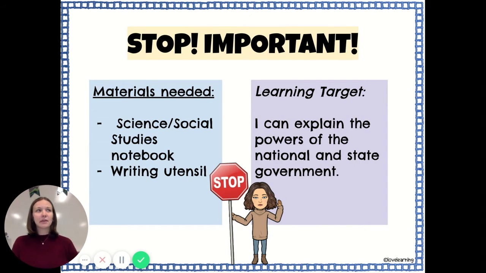So really, when we're talking about the Constitution and the three branches of government, this is what we're talking about. The Constitution breaks down the powers that the national and state government have, because it breaks down the three branches of government, the difference between national and state government and the different powers that each has, and the checks and balances that are in place to make sure one doesn't get more powerful than the other.